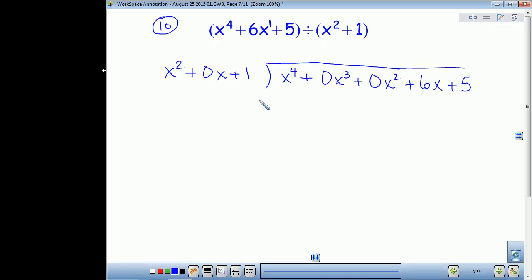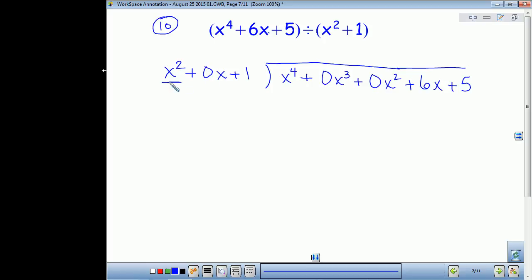It's missing the 3rd degree, and it's missing the 2nd degree. And so because it's missing those, you can put in placeholders for them. 0x cubed, 0x squared. Now, you don't have to, but it helps it line up nicely, and it helps more people get it right more often.